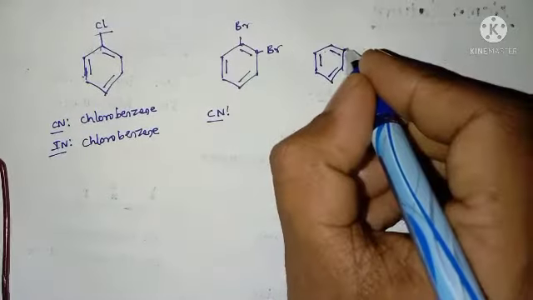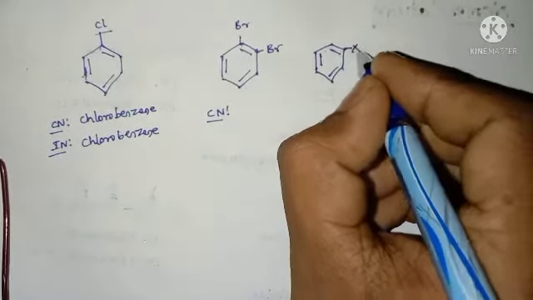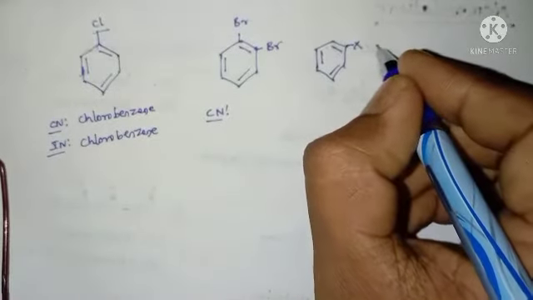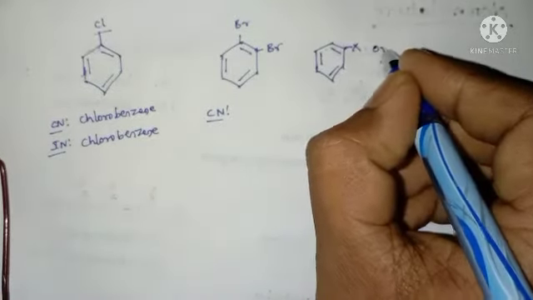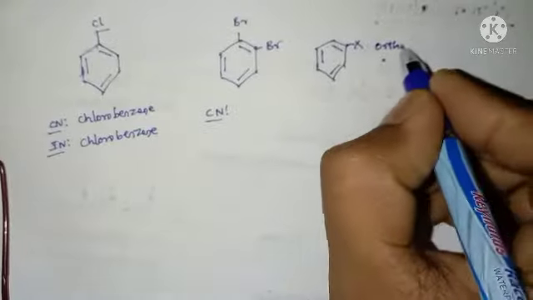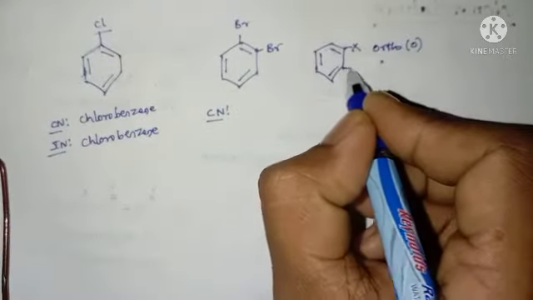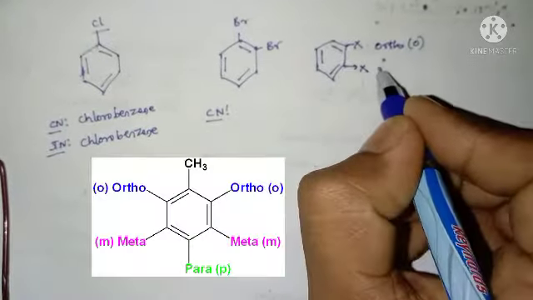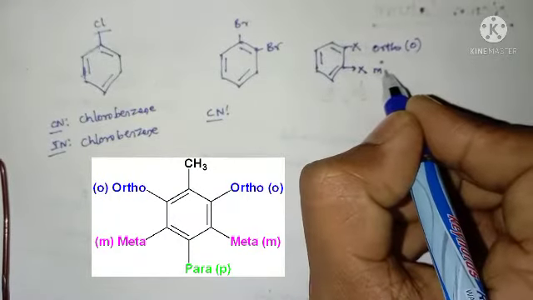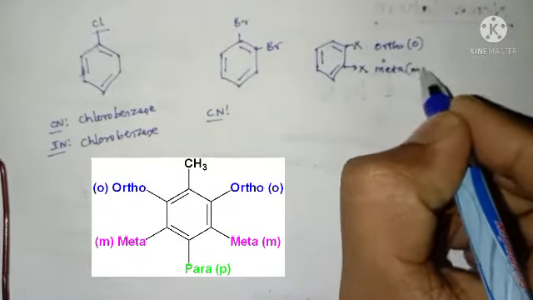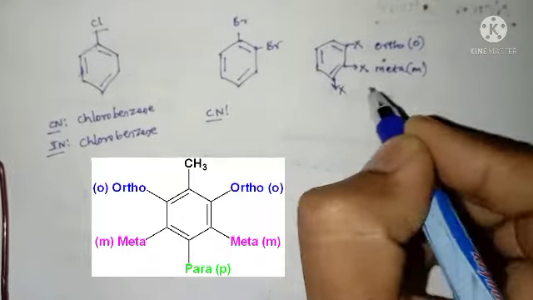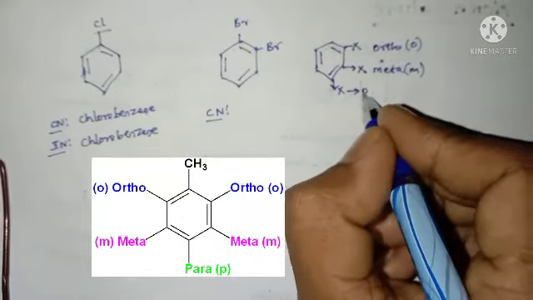If the halogen atom is attached to this point, the prefix we have to use is ortho. If the halogen atom is attached to this position, we have to use the prefix meta. And if it is attached here, we have to use para.